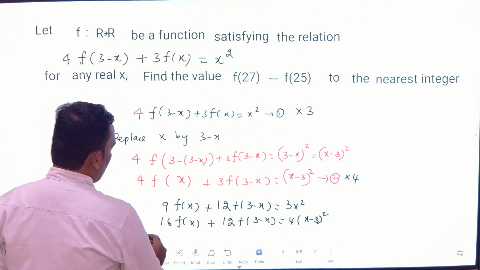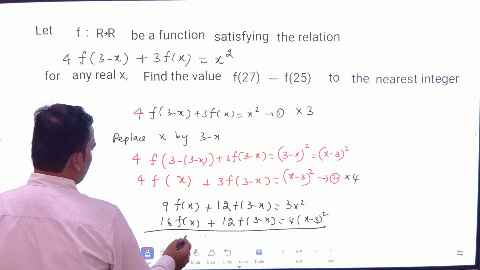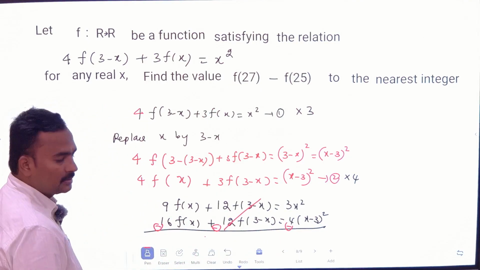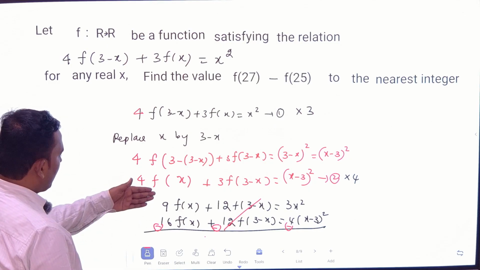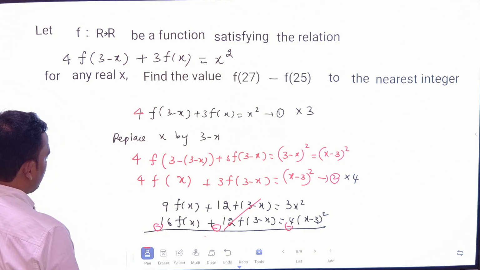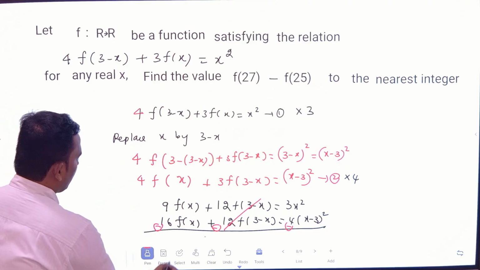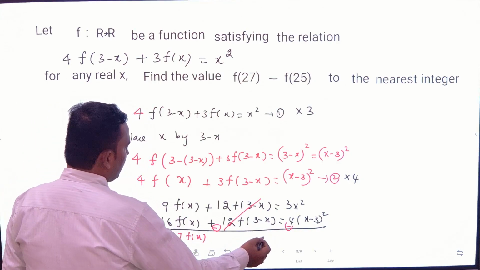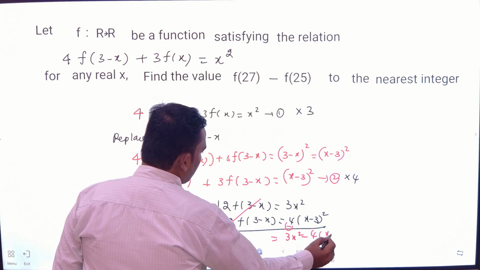Clear? Now you can subtract these two. If you subtract, the f of 3 minus x terms will be cancelled. So what is left is 9 f of x minus 16 f of x, which is minus 7 times f of x. On the right side, this is 3x square minus 4 times x minus 3 whole square.